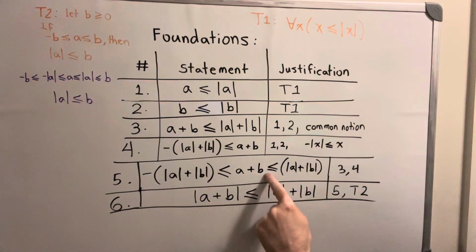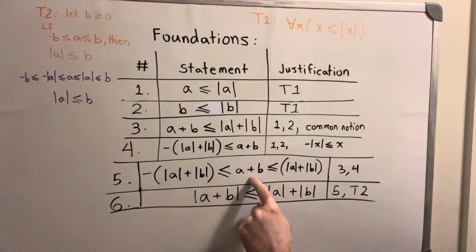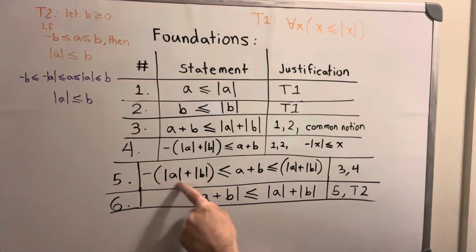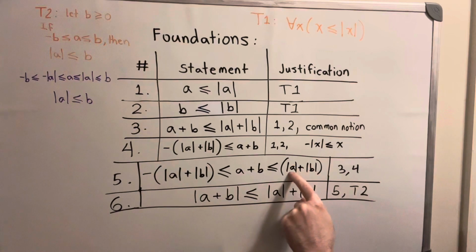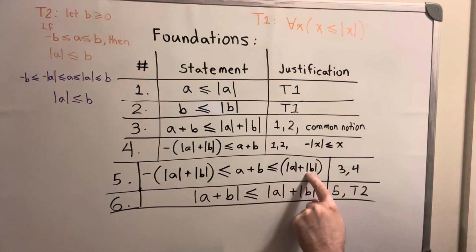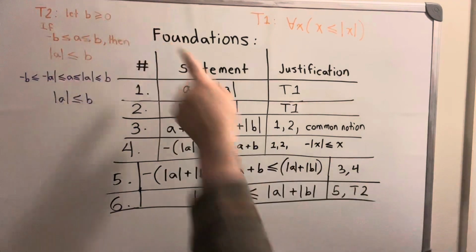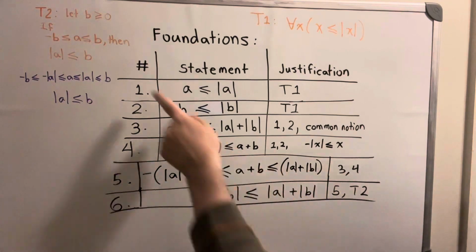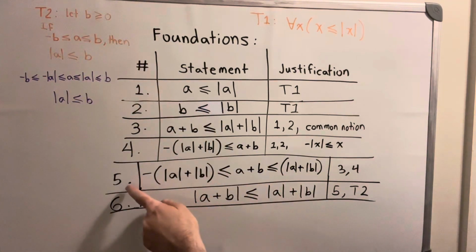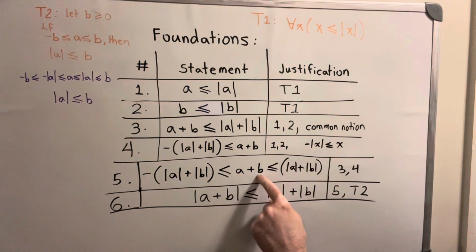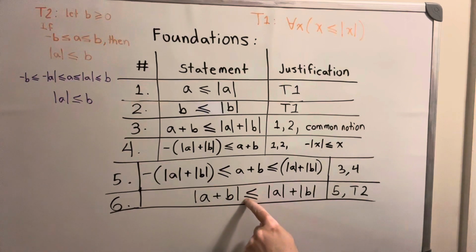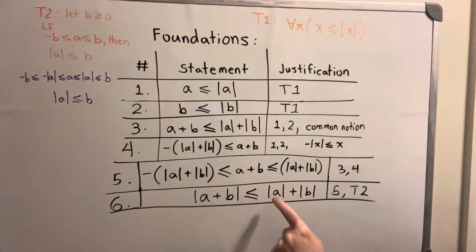So if this thing is always between the negative of this, and the sum of two absolute values is always non-negative, then by Theorem 2, and given that we accept line 5, we can say the absolute value of this will be less than or equal to this.